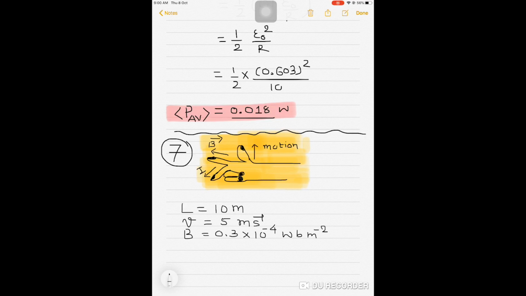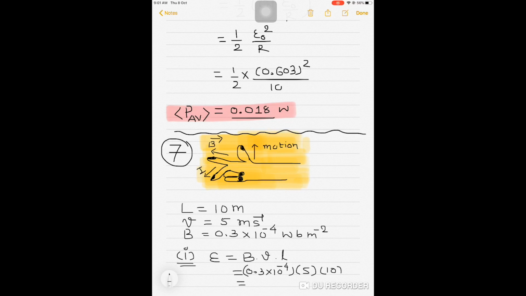First of all we are asked to find out the instantaneous value of EMF induced in the wire. So in the first case we have to find out the EMF, that is BVL. Now B is provided, V is provided, and L is also provided, so we can calculate, that is 0.3 into 10 raised to minus 4, velocity is 5, and length is 10 meter.